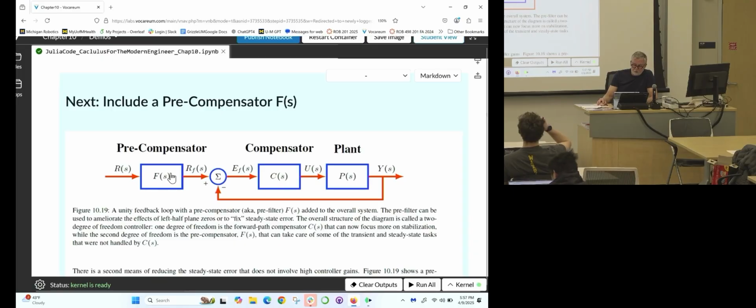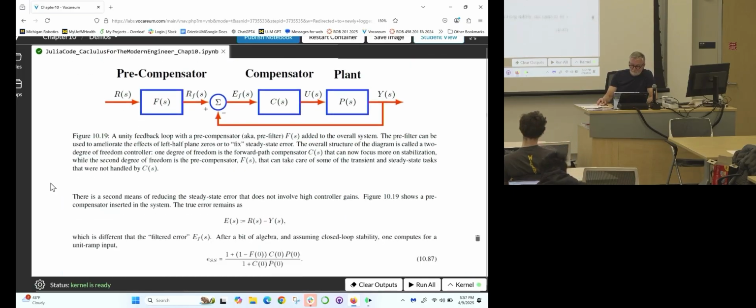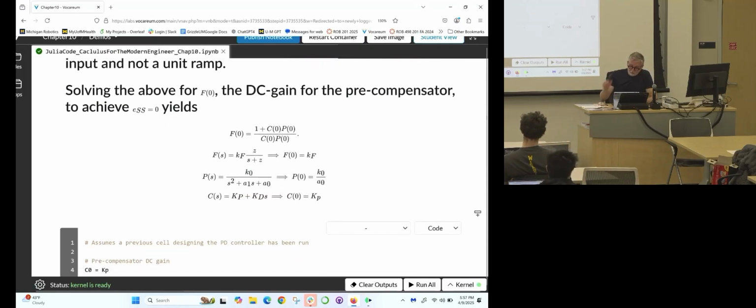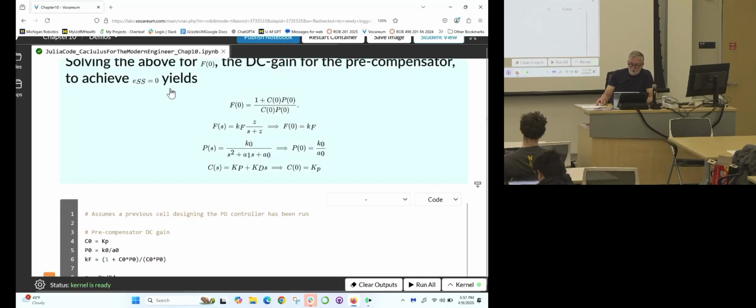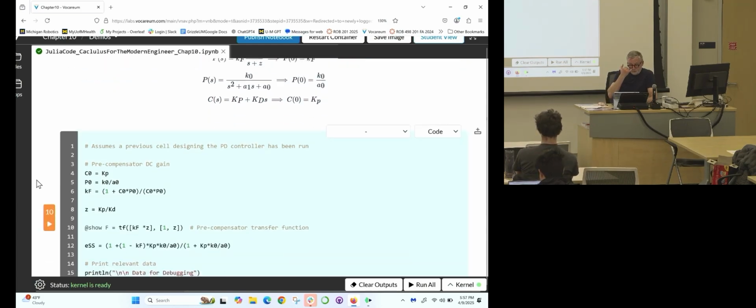And we cancel that with a stable pole. Okay, so it'll take you a little bit to go through this, but the precompensator is really simple. It's a gain, and then this number Z comes from the KP over KD. It comes directly from the 0 of the PD controller.